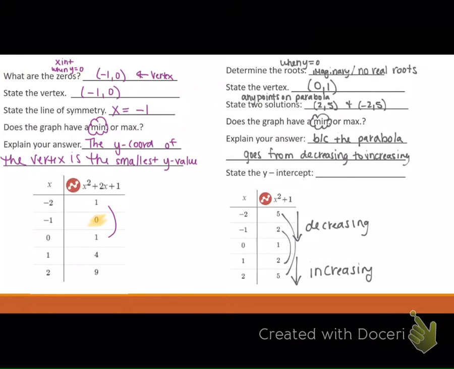Connor. So if it's a minimum, if the vertex is the lowest number. If the y coordinate of the vertex is the smallest y value, yes. Okay, so let's say the vertex on the second one was like 7, then it would be a maximum. No, because it would have to be a completely different table, going from increasing to decreasing for that to happen.